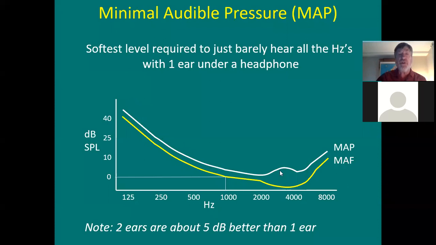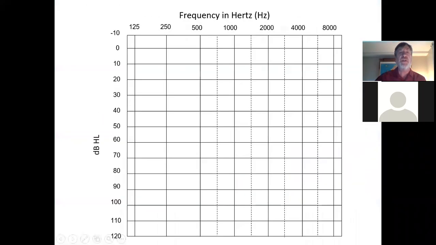This curve, this white curve, is the flat line on the audiogram. It is this. There's your audiogram. This flat line at 1,000 has MAP built into it.